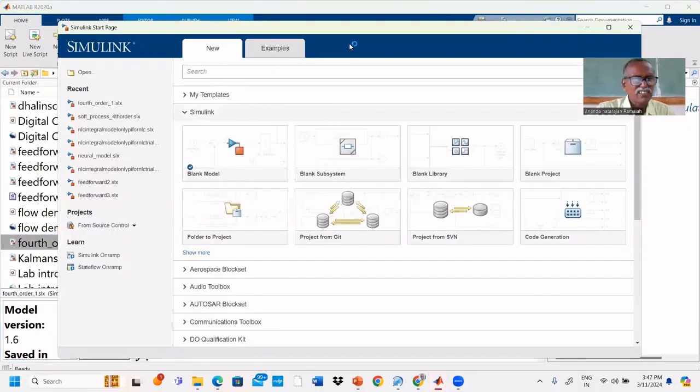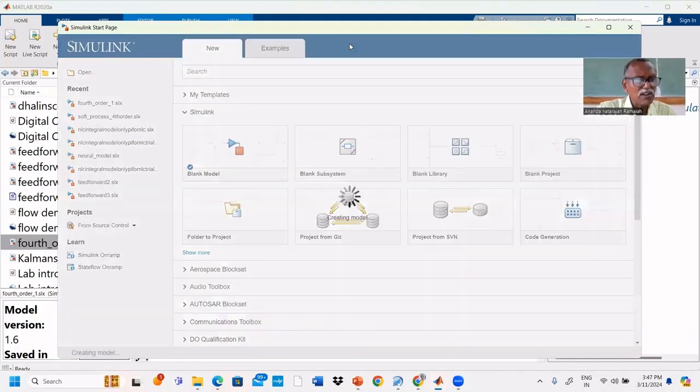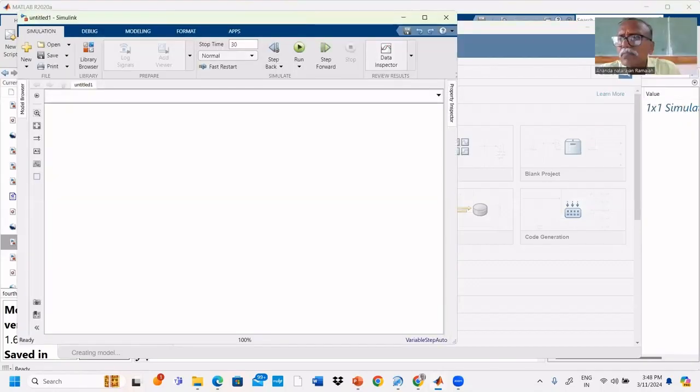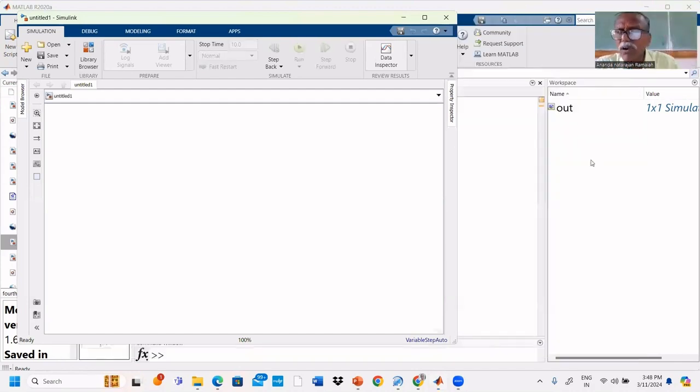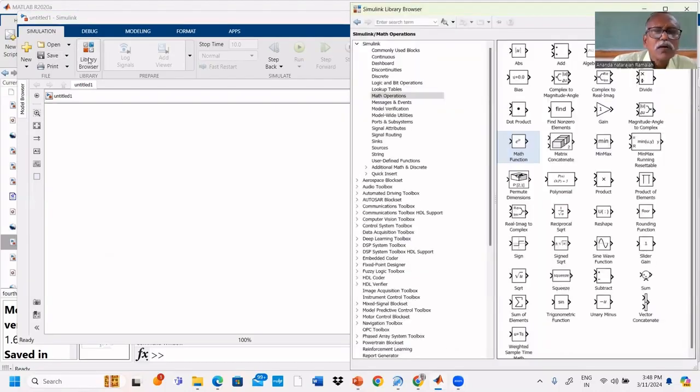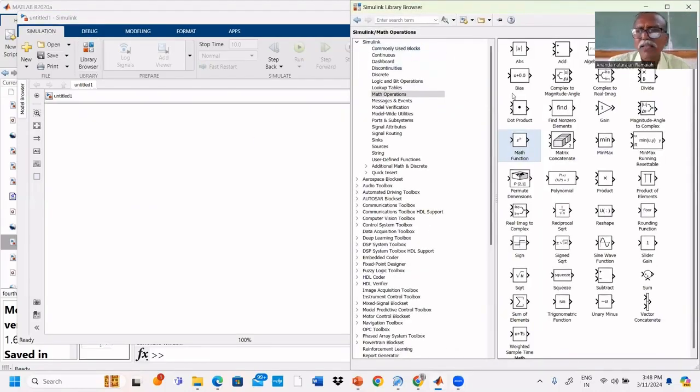So I got Simulink. You have to create a blank model. If you browse the library, you will get these blocks.